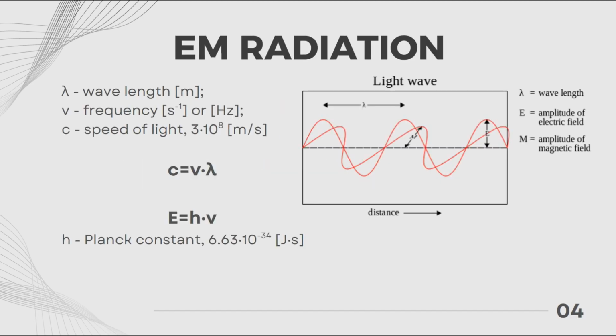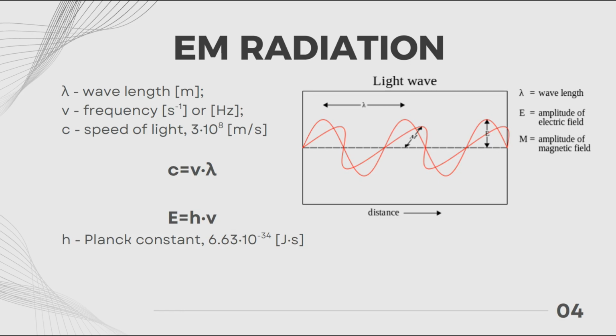Now let us shortly speak about electromagnetic radiation. Let's recall some terms. We were talking about this at the end of the previous lecture, but once again, let us recall some main terms and definitions. Electromagnetic radiation is formed by photons of different energy, and electromagnetic radiation can be presented as a wave.